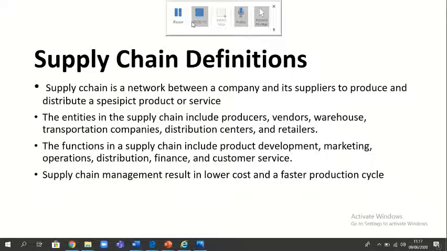The entities in a supply chain include producer, vendor, warehouse, transportation company, distribution centers, and retailers. The functions of a supply chain include product development, marketing, operation, distribution, finance, and customer service. And then supply chain management results in lower cost and faster product cycle.